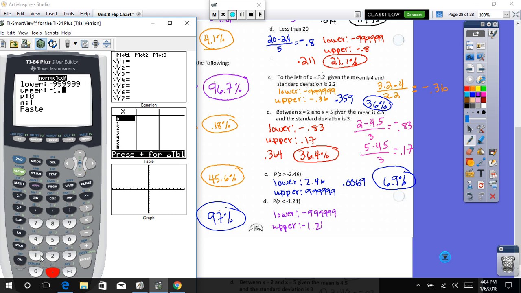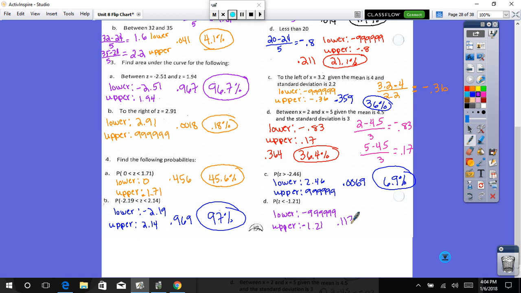Negative 1.21. Paste it. 0.113. So 11.3%.